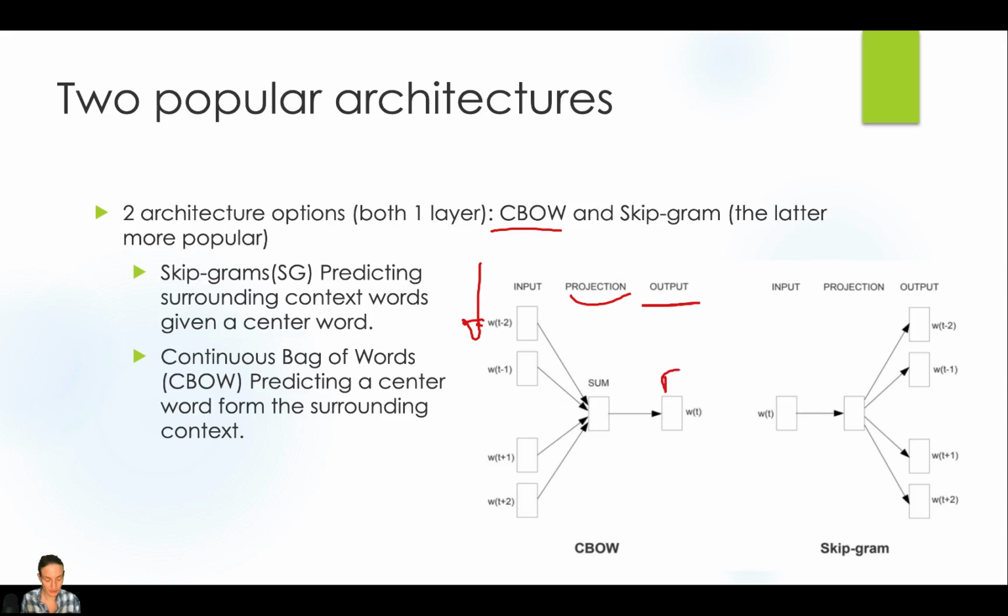This is our word pizza, and this is the context in which pizza occurs. So we're teaching the network to predict a word given its context. In the second architecture, skipgram, we do exactly the opposite. We give the model pizza and we learn to predict the context. Both of these models boil down to pretty much the same thing.